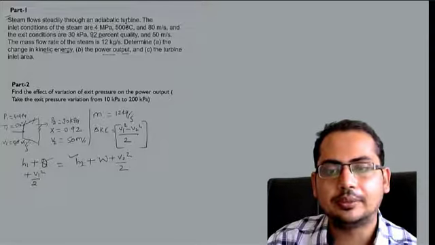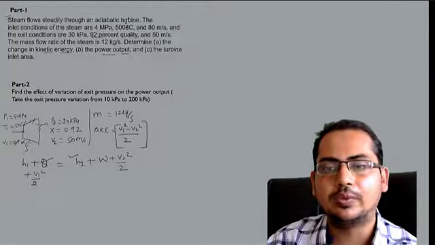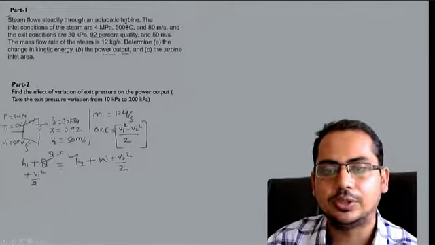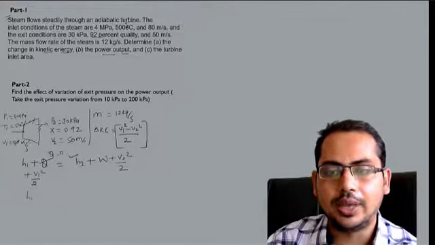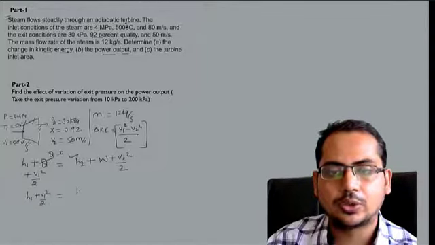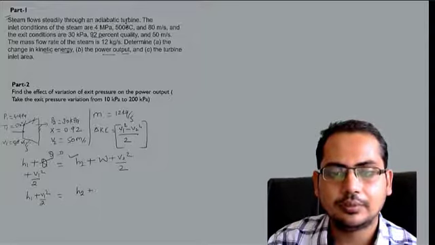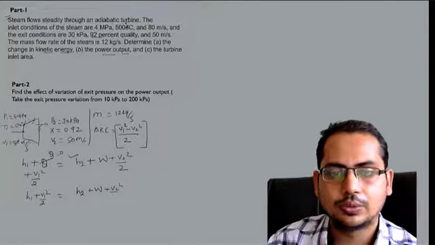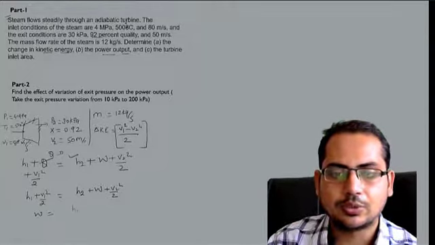This is simple, because the turbine is insulated, so we are taking Q equal to 0. So the equation will be H1 plus V1 square upon 2 is equal to H2 plus W plus V2 square upon 2. So W will be H1 minus H2 plus (V1 square minus V2 square) upon 2.